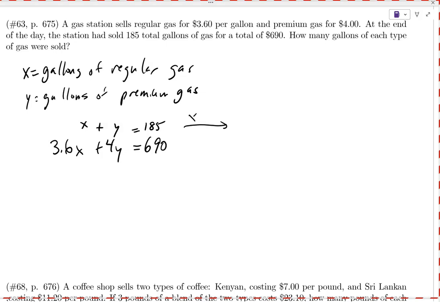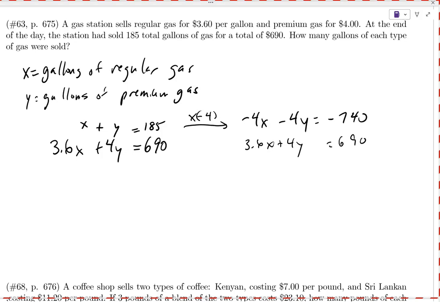Okay. Multiply the top by -4. Get -4x minus 4y equals, what is that? Negative 740. Did I do that right? Okay, good.